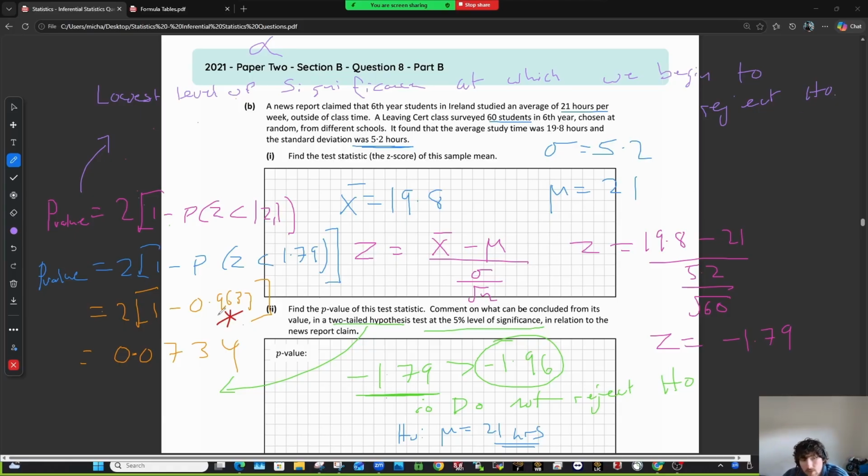So remember, the level of significance here was 5%, and the p-value was this. So we don't reject H0 because this was our level of significance. But this is the thing, right? There's other types of tests that you can do. We don't do them on the leaving cert, but this 5% comes from when we're dealing with 95% confidence intervals, but there are also 90% confidence intervals.